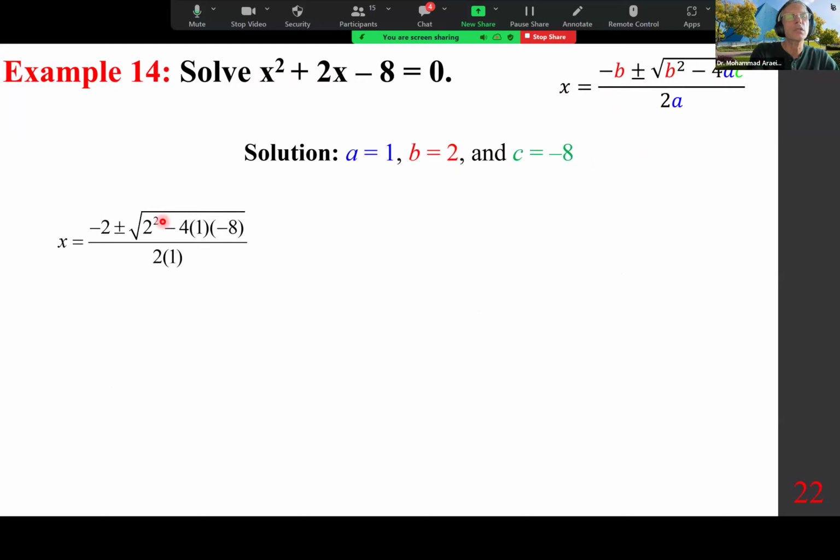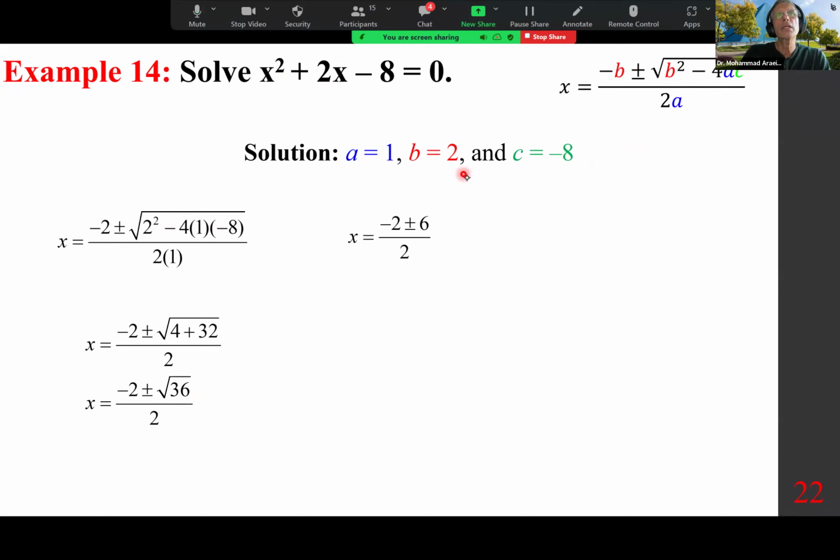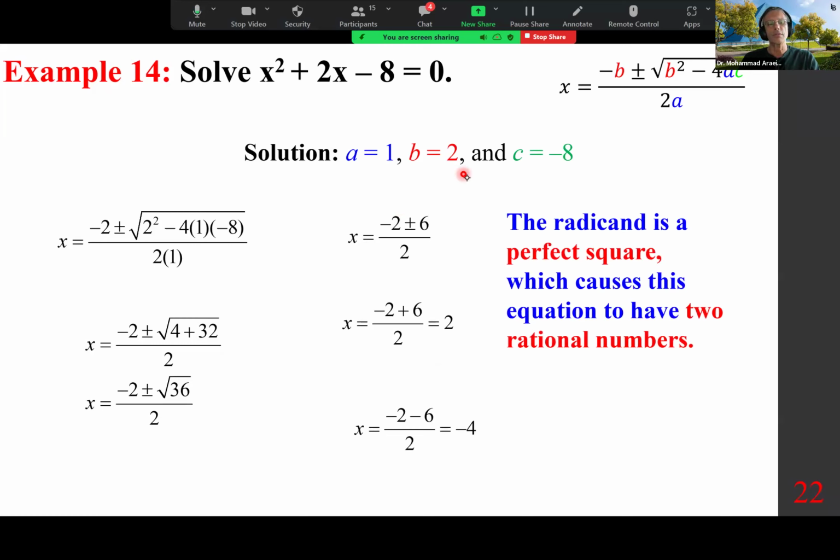So this is 4, and this is 4 times 8, 32, negative negative makes it positive 32. And so it's 36, and the square root of 36 comes out as 6. So negative 2 plus 6 divided by 2 and negative 2 minus 6 divided by 2 give us 2 and negative 4.